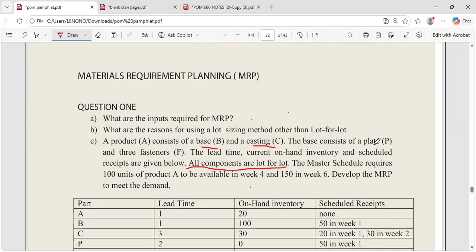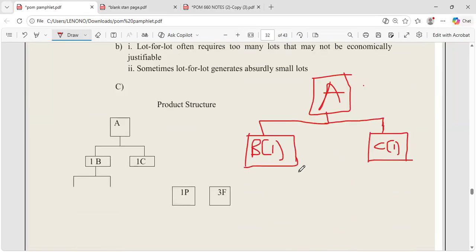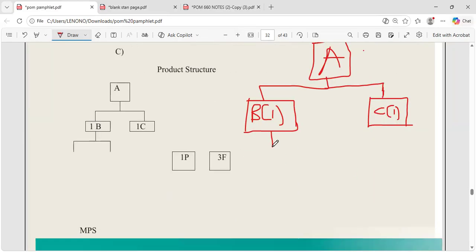The base consists of a plate, and what else? Three fasteners.